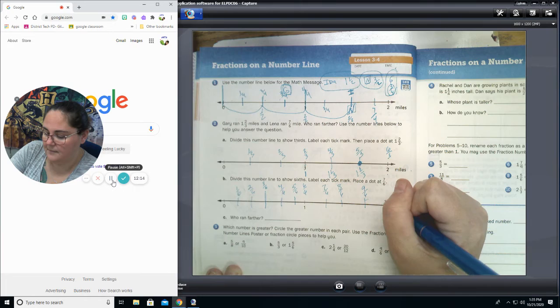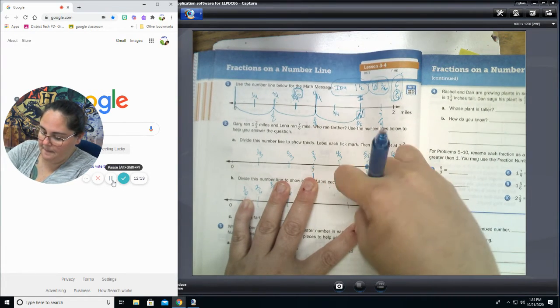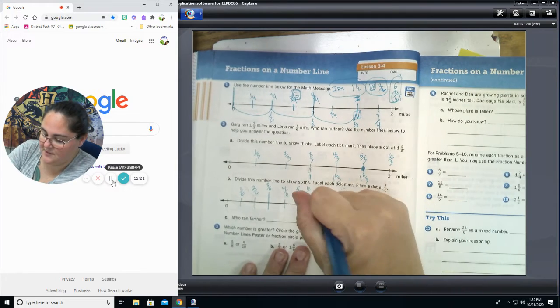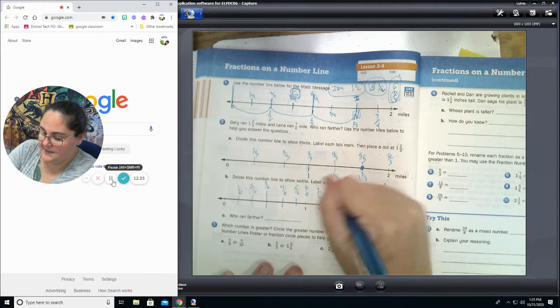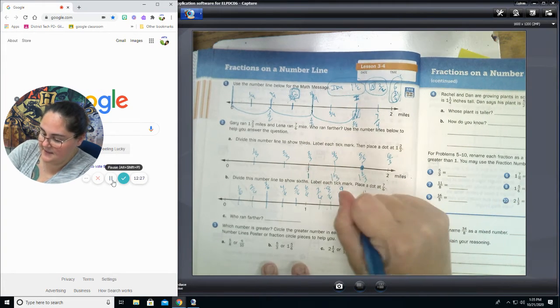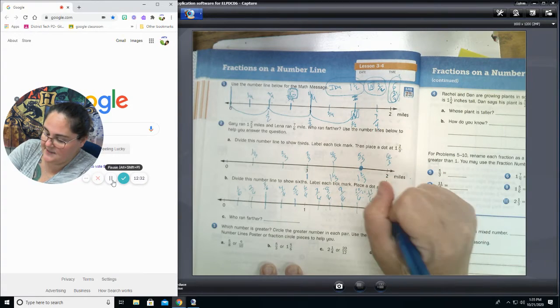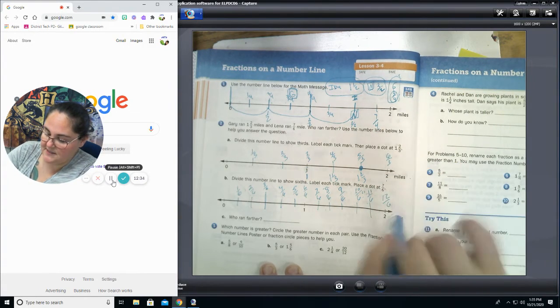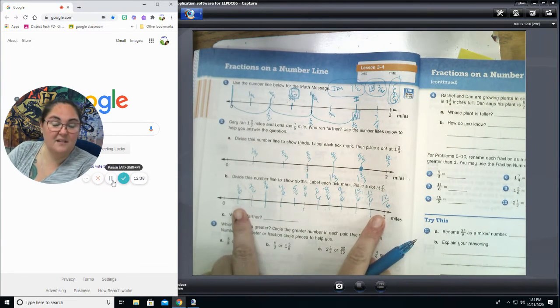Hold on, I messed up, because each of these goes in half. 7/6, 8/6, 9/6, 10/6, 11/6, 12/6. Again, look at my lines, they're pretty even all the way across.